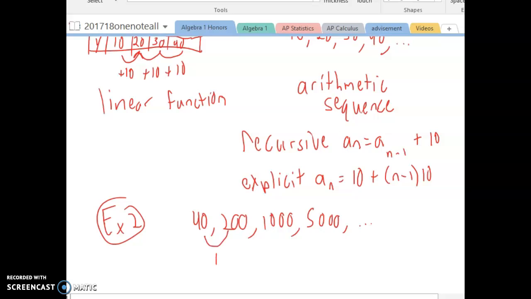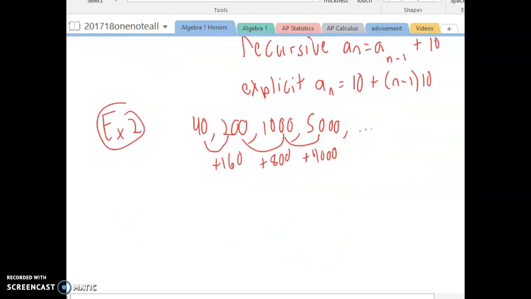So, here we added 160, and then we added 800, and then we add 4,000. Is there any way to get from 160 to 800? Times 5. And then 800 times 5 is 4,000.